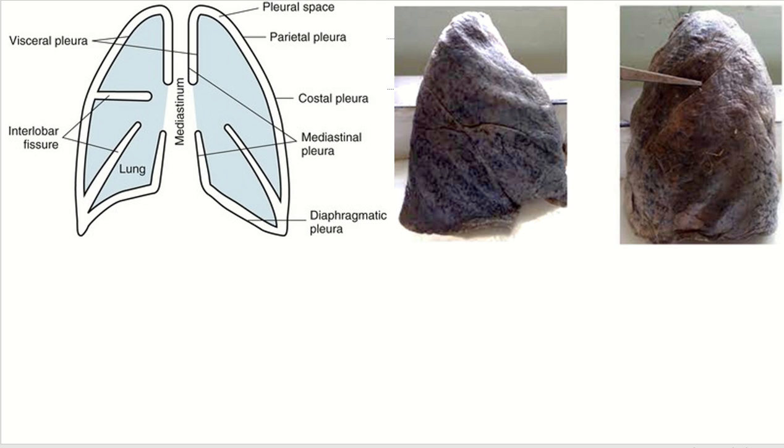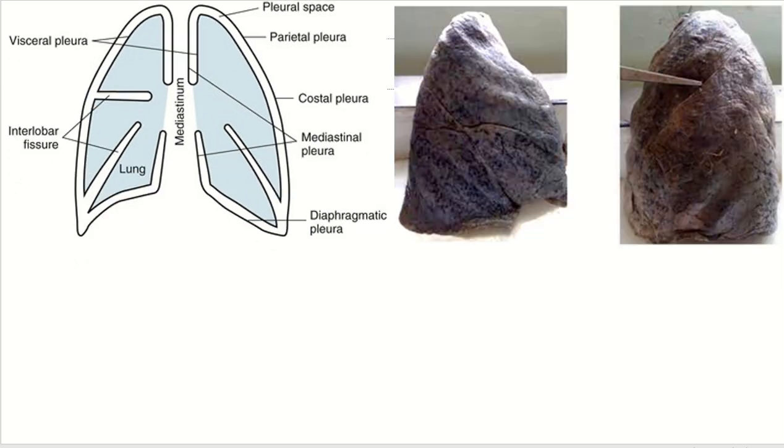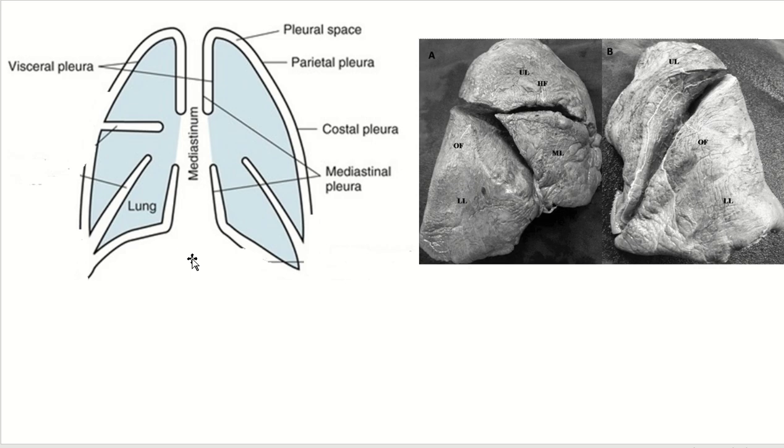So visceral pleura continues along the fissure and covers the lobes separately, but parietal pleura just lines the costal surface. So when parietal pleura is intact, it looks like this. When parietal pleura is torn, it looks like this.